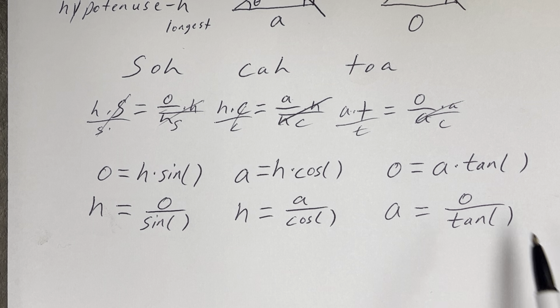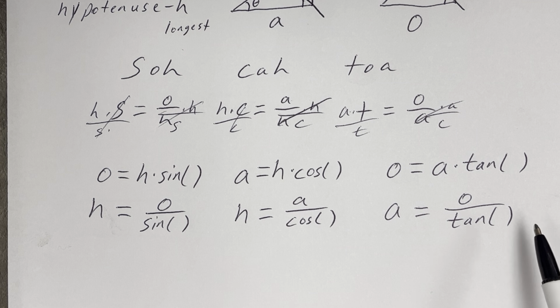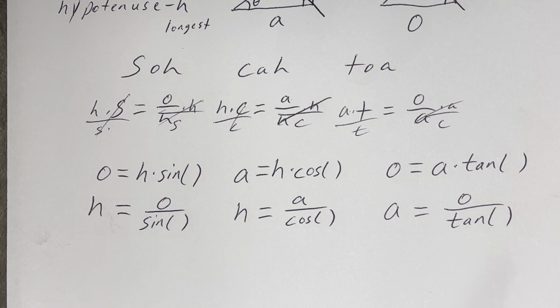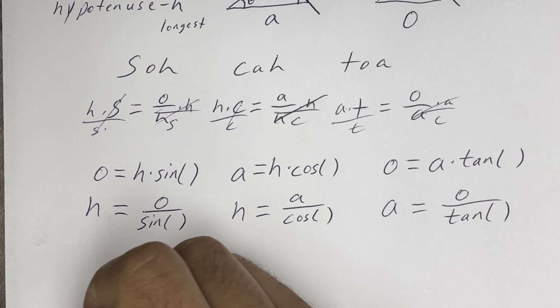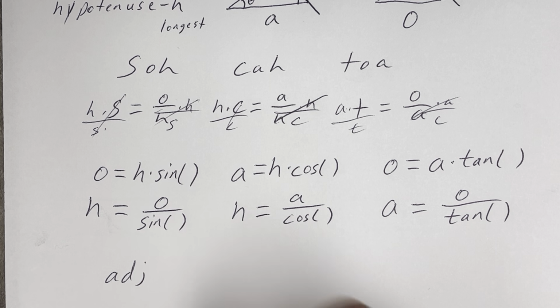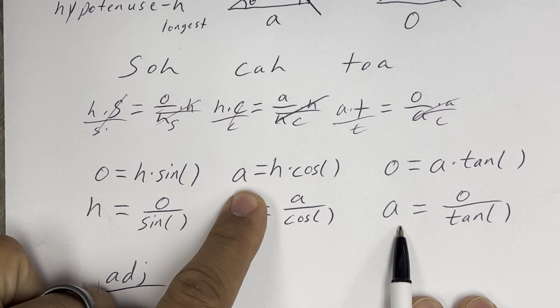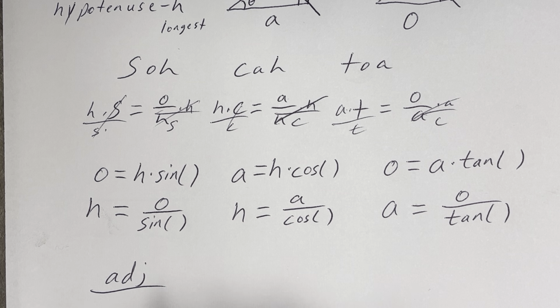Okay, so now we have all 6 equations here. How are we going to use them? If I want to find the adjacent, this is the way I would do it. If I want to find the adjacent side, that's the side I'm looking for, I either have to use this one or this one, right?